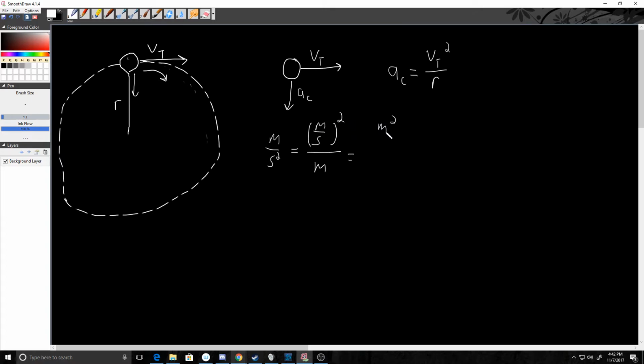So we have meters squared over seconds squared all over meters. In this case, that meter is just going to cancel out that square there, and we're left with meters per second squared. And that is what acceleration's in. So if that's acceleration, this is centripetal acceleration. Even though we're going about it a different way, we're still getting the same unit.